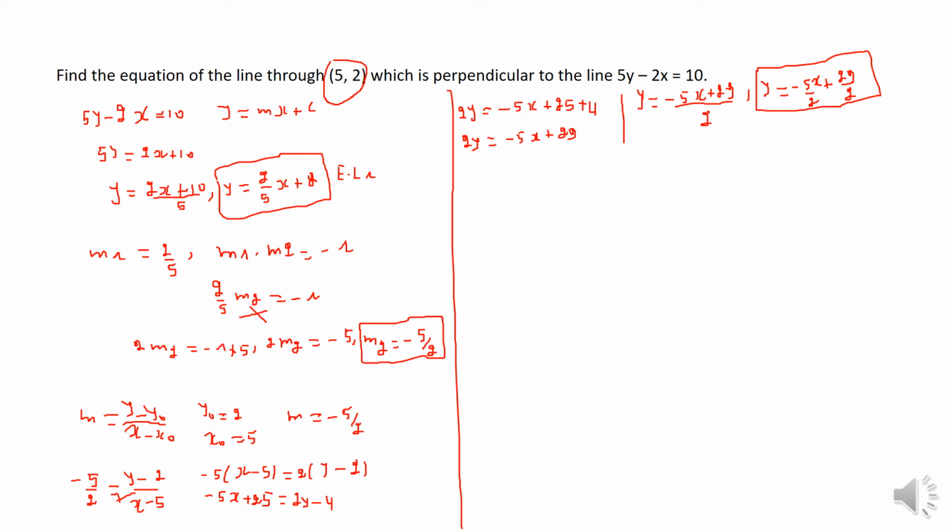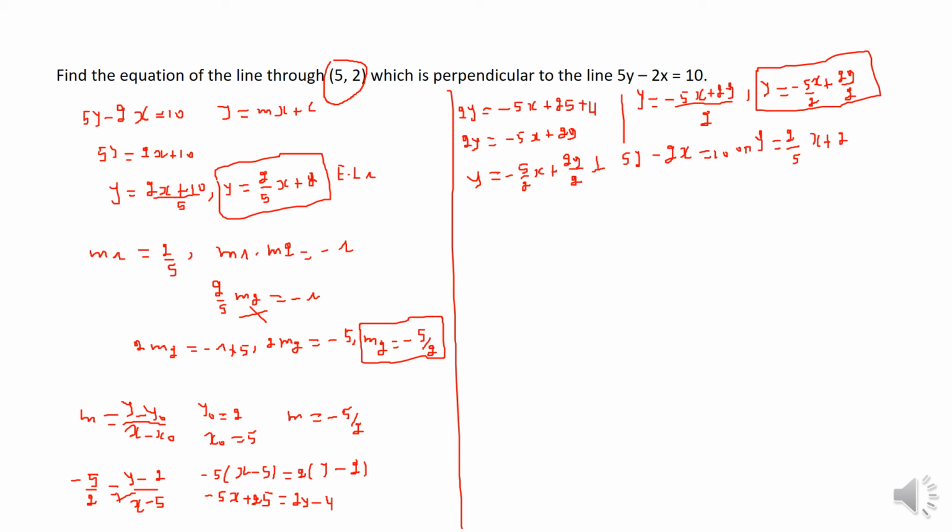Means that y, which is equal to -5 over 2x plus 29 over 2, is perpendicular to 5y minus 2x, which is equal to 10, or y, which is equal to 2 over 5x plus 2. So now we are going to verify the two equations are perpendicular.